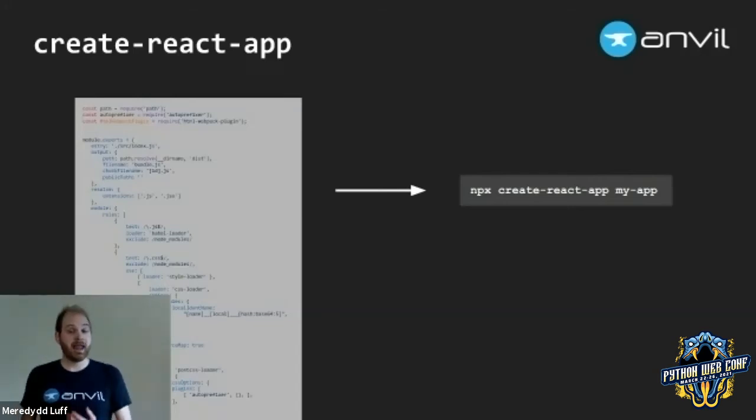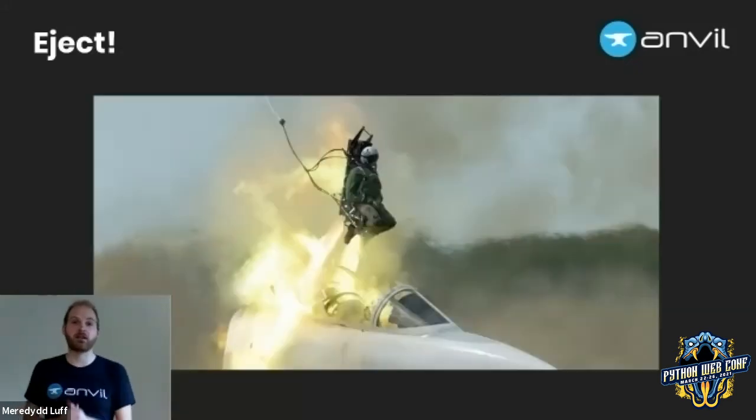However, it is reasonably likely that you will find yourself needing to do something that Create React App doesn't support. And there is good news here, because although your abstraction has failed, the developers of Create React App have provided a better alternative. You can call Create React App --eject.